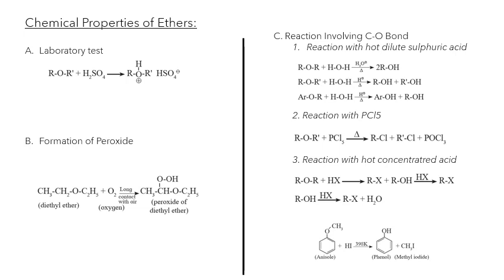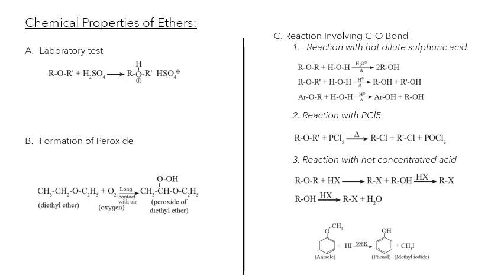Reaction with hot concentrated acid. Alkyl ethers react with hot and concentrated HI and HBr to give an alcohol and an alkyl halide. Thus, ROR plus HX gives RX plus ROH, and the alcohol with HX again gives RX.